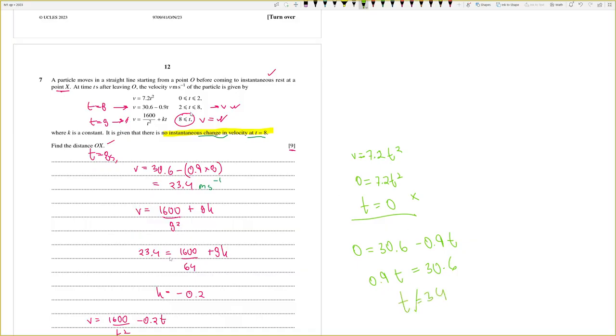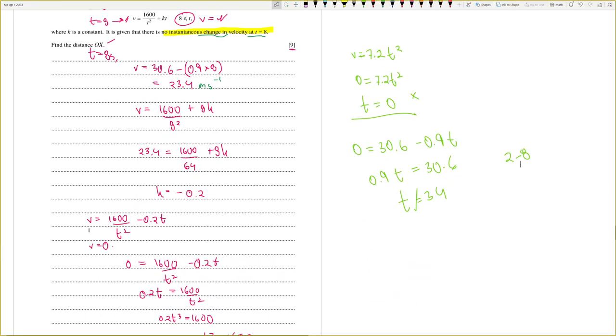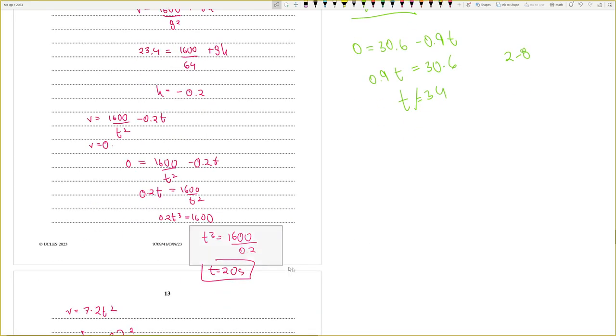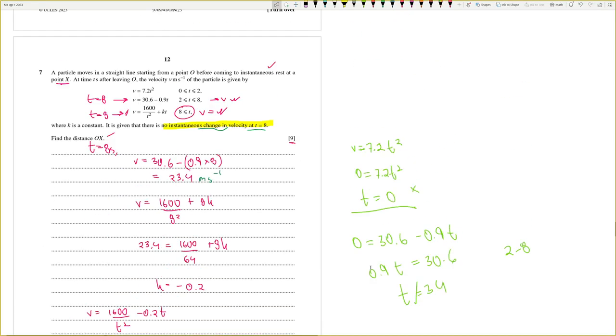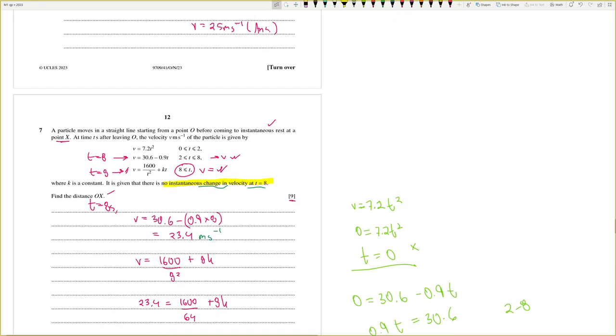This doesn't make sense because the second one is only valid from 2 to 8. That's why this is not valid. So the only possibility is it will come to rest in the third phase, which is t greater than or equal to 8. That's why I input v equals 0 in the third phase, and after you solve the equation you get a value of t equal to 20 seconds. So at 20 seconds my particle comes to rest.